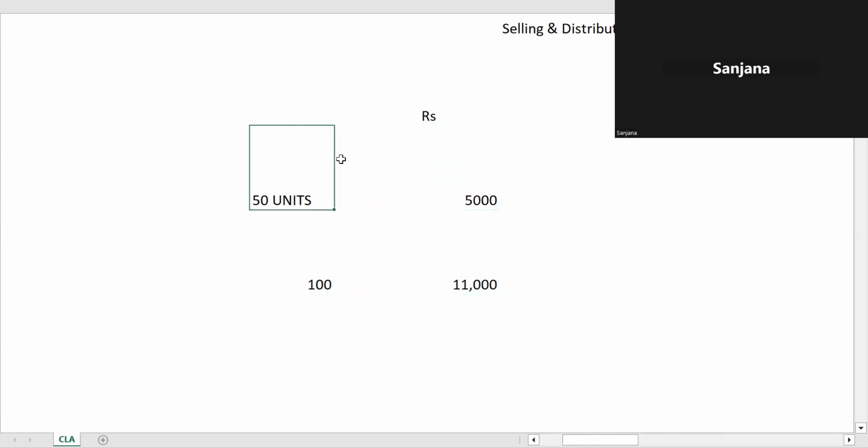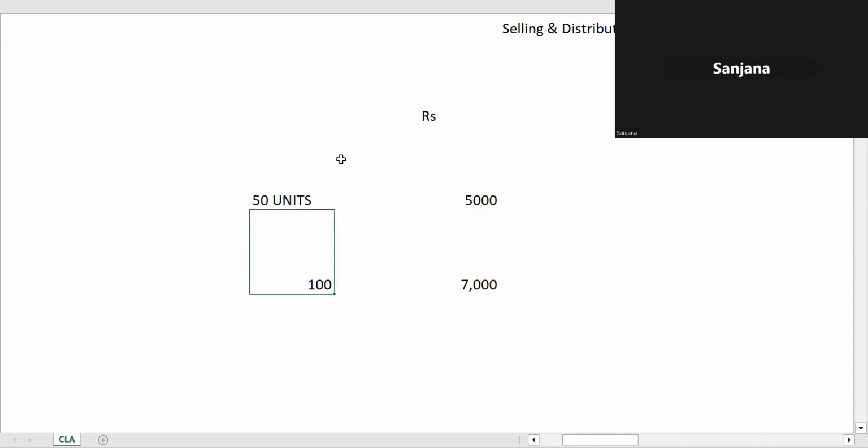But the relation for indirect things is not so direct like this. Sometimes 50 units is 5,000, and for 100 units it can be 7,000. So by seeing this figure, you cannot find out whether it is more or less. So you have to do budgeting. In the budgeting process, you should find out for 100 units how much cost is required.